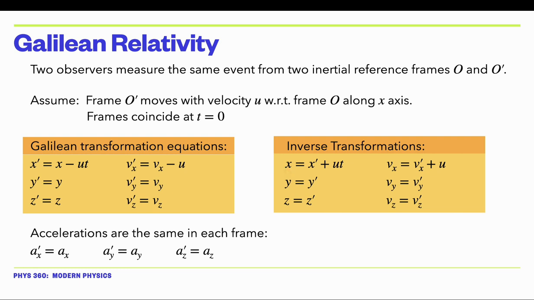All you do is move minus ut to the other side of the equation to get x equals x prime plus ut. And similarly, vx is just going to be vx prime plus u. So these are sometimes called the inverse transformations, where these are the Galilean transformations.